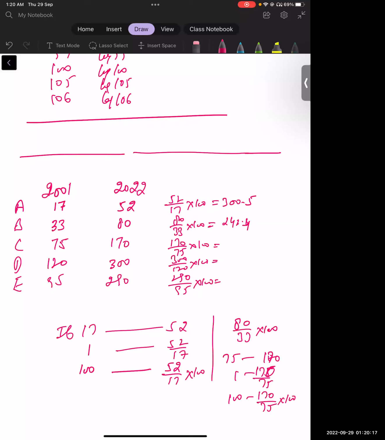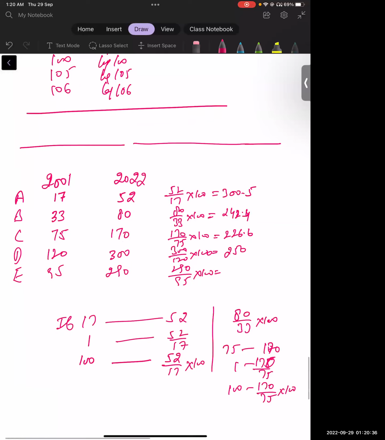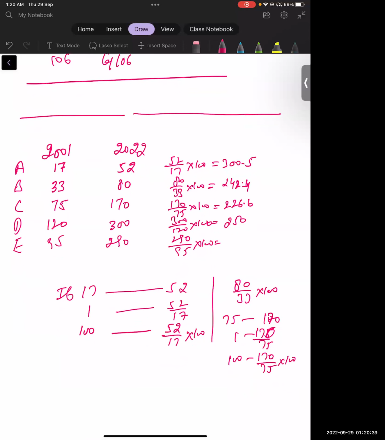Then 170 over 75 is 226.6. Then it's 250, a round figure, right? What about this? That would be 322.2.